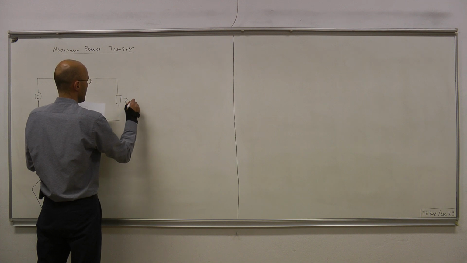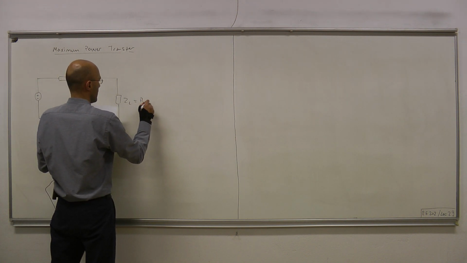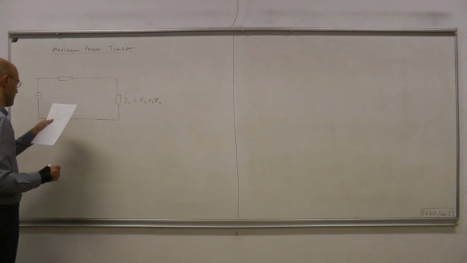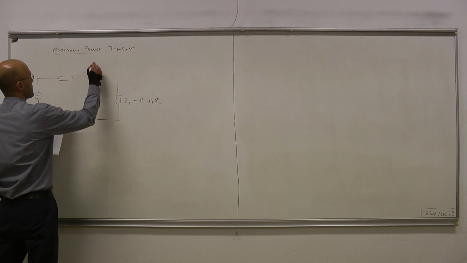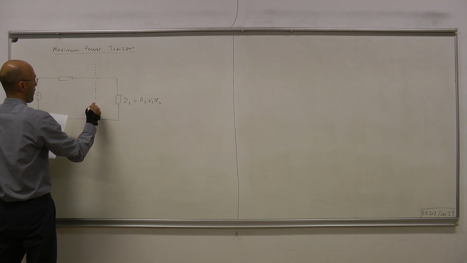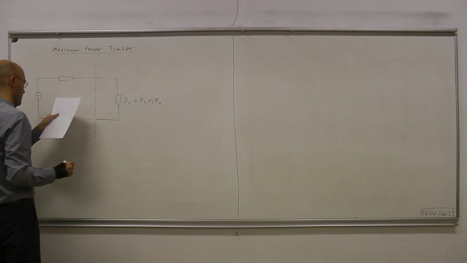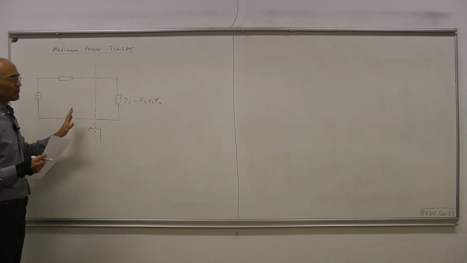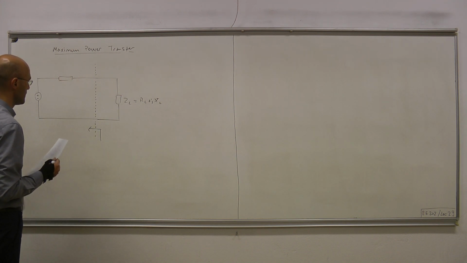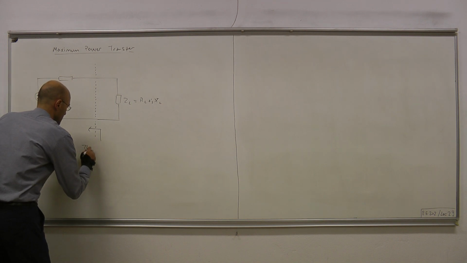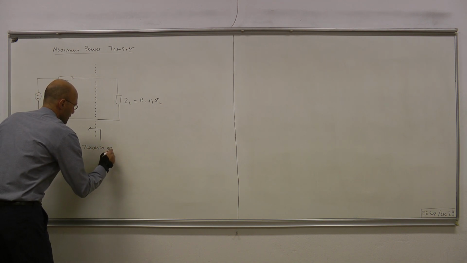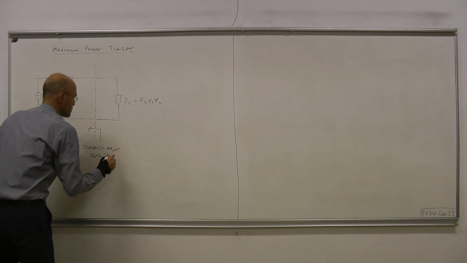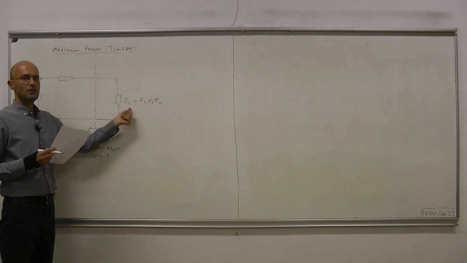ZL is RL plus j XL. That's our load, and this to the left of this dashed line is the Thevenin equivalent circuit as seen by the load.